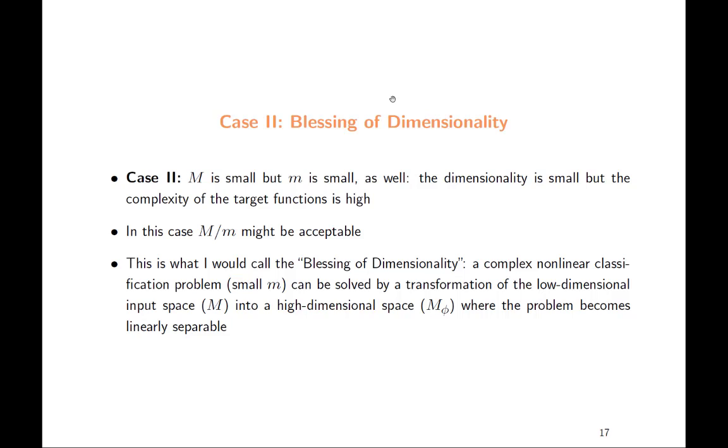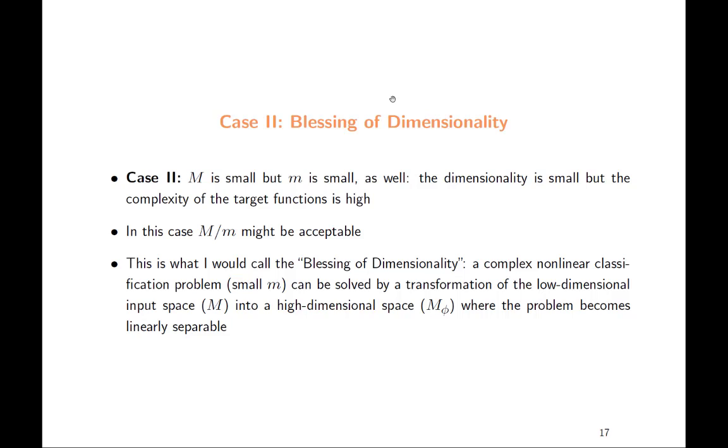And this is what I call the blessing of dimensionality, because as we learned in the lecture on basis functions, we can transform our relatively low dimensional input space to a high dimensional basis function space, and then we can solve it with a linear classifier or regression system. And by transforming a low dimensional problem into a high dimensional problem, things become simple.